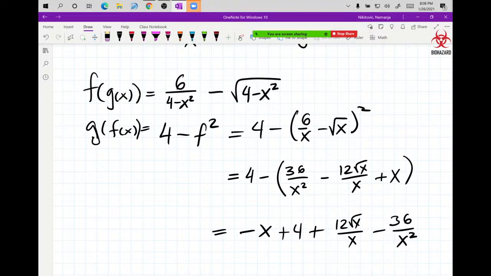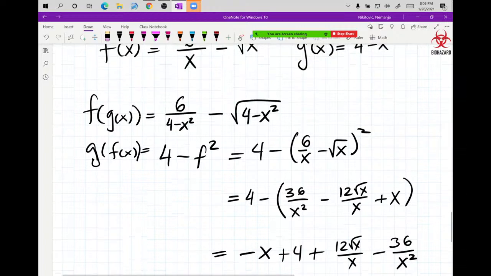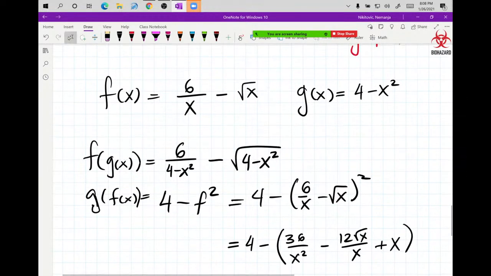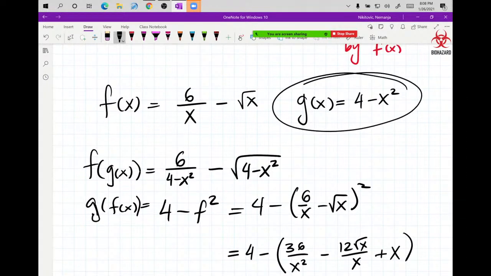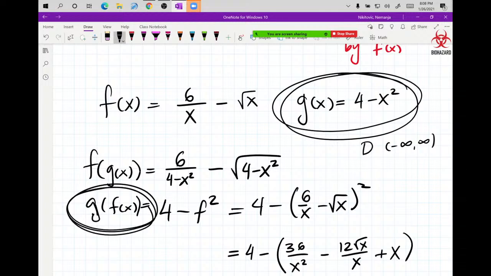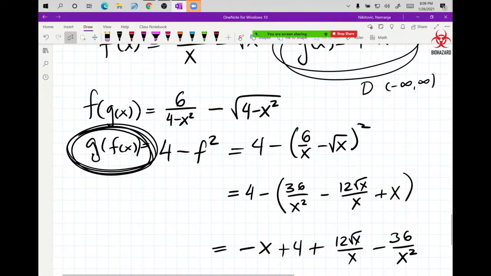So what we see here is that you carefully look at function g of x, and you immediately notice that the domain is all real numbers. Literally anything goes. But then you also have a function g here where you enhanced it with your function f.